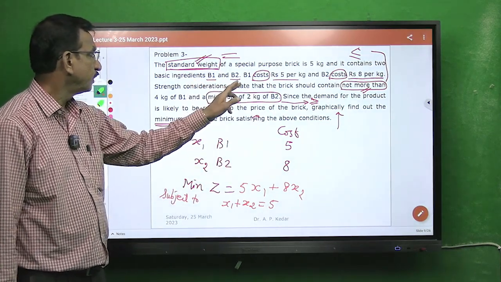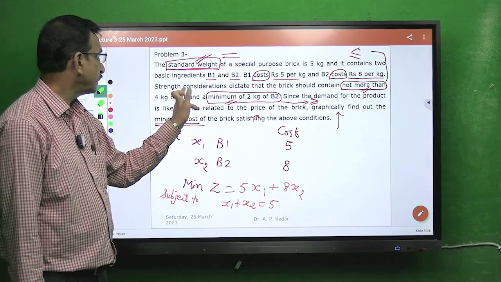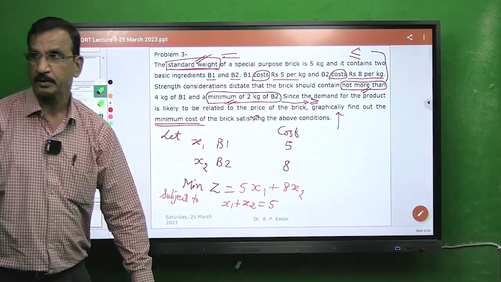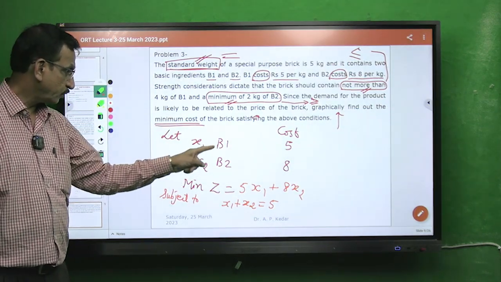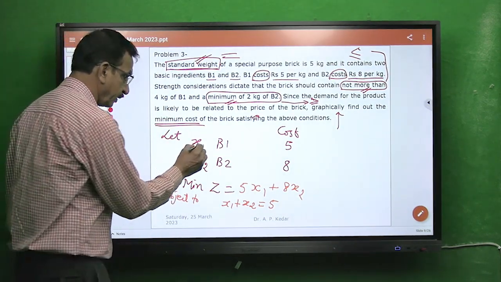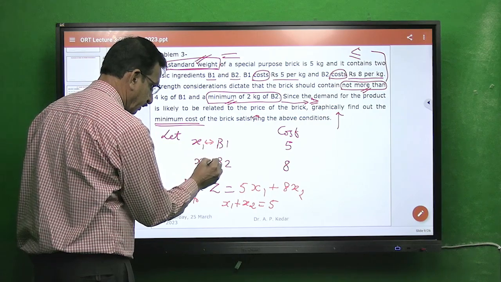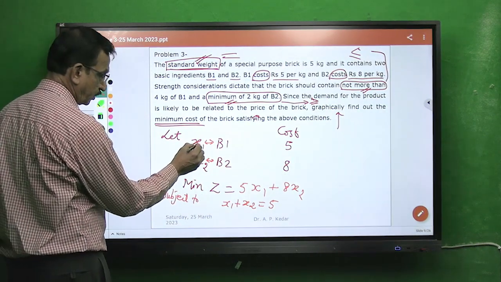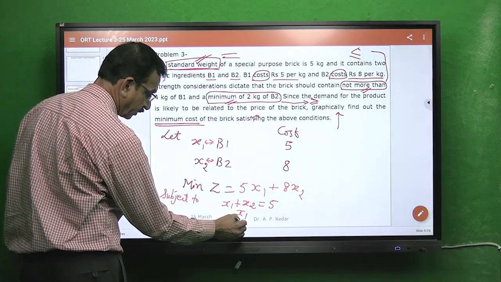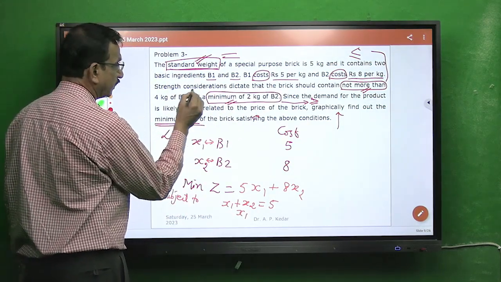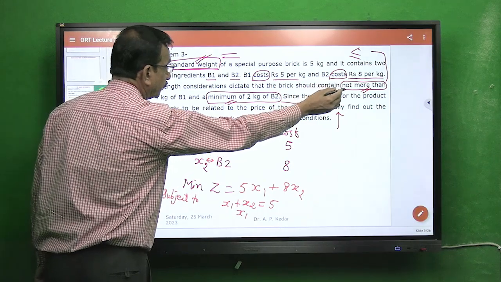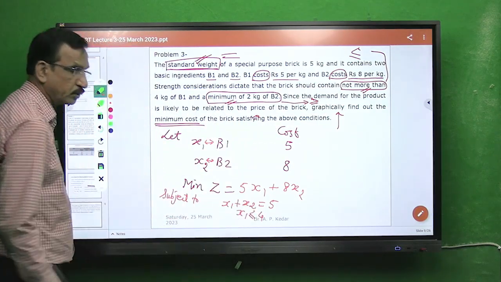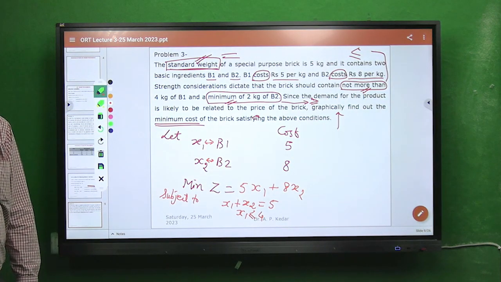Second, it is given that strength considerations dictate that the brick should not contain more than 4 kgs of B1. B1 you are correlating with x1, B2 with x2. So x1 not more than 4. When it is not more than 4, I have to use the less than or equal to sign.